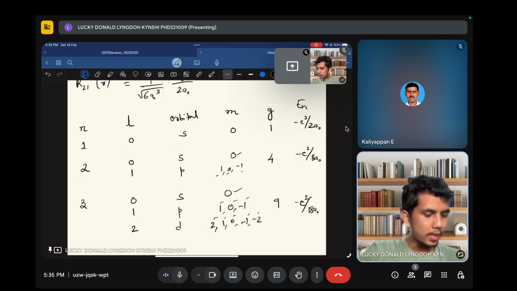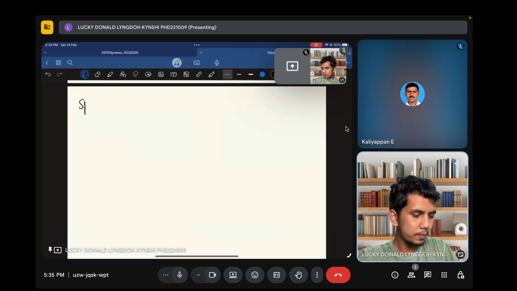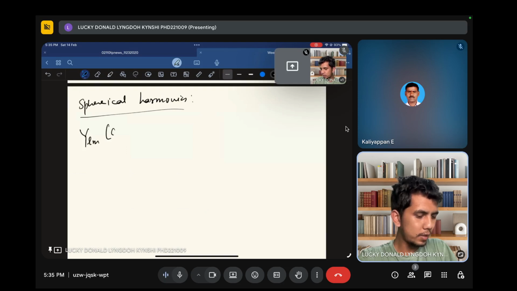Now, that is the radial part, and similarly the spherical harmonics, that is Y Lm, which is a function of theta and phi, right? Again, I have given you the formula last class. So Y of 0, 0, which is a function of theta and phi, is 1 by root over of 2 pi.